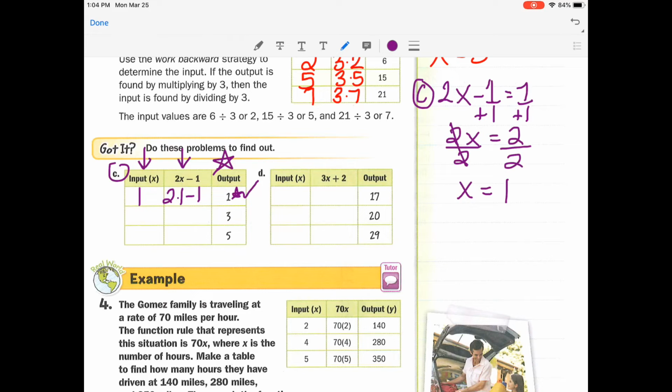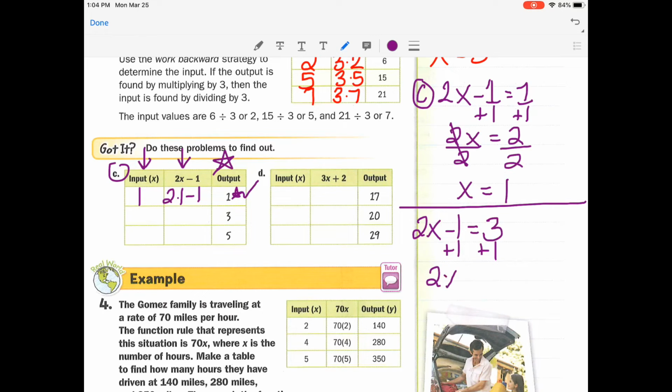Okay. Let's do another one. Our output is 3, so we're going to rewrite this: 2x minus 1 equals 3. I'm going to add 1 to both sides because I've got to get this x by itself, so I need to get rid of any other numbers that don't have variables.